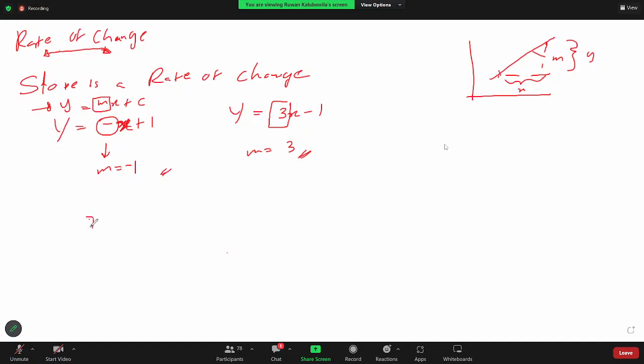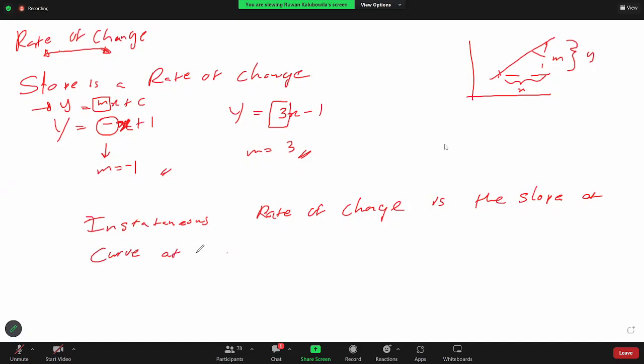So if someone asks again for the instantaneous rate of change, that is the same thing you have done, the slope at a curve at a point.